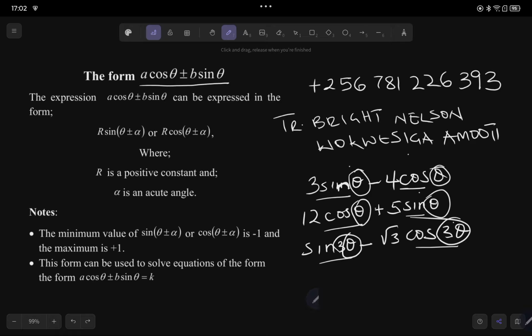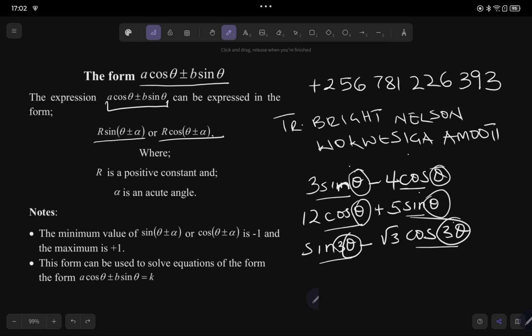They don't have to be mixed. And the terms should only be 2. That is where we apply this form and we get for it a general solution as we are seeing here, that you can express this expression in terms of r sine theta plus or minus alpha or r cos theta plus or minus alpha.